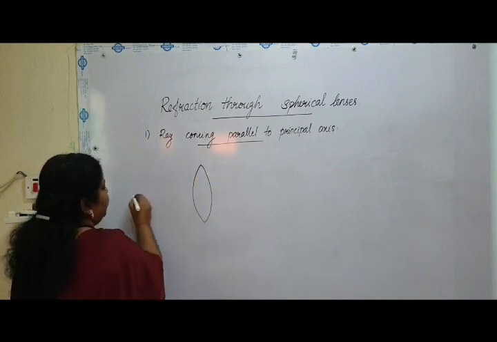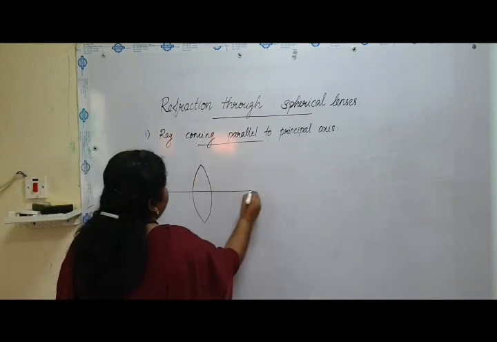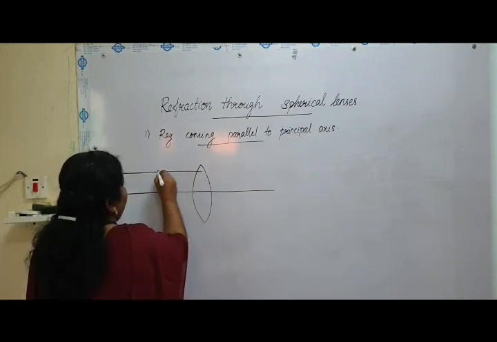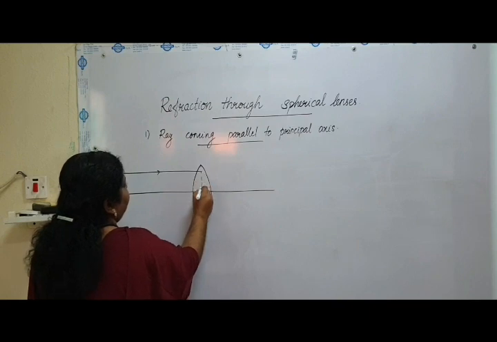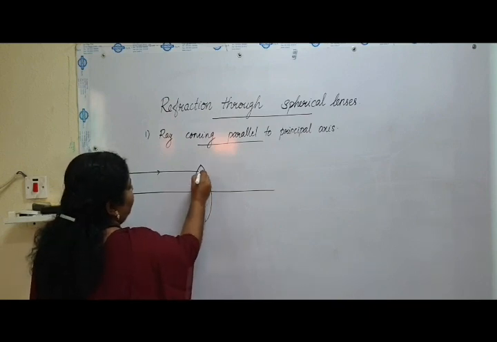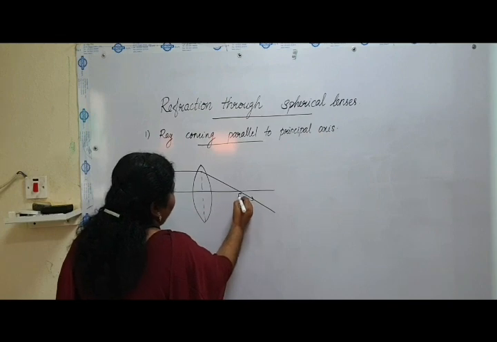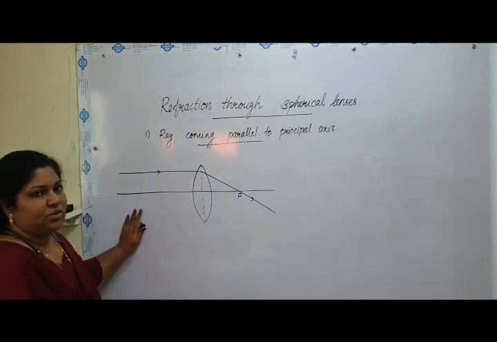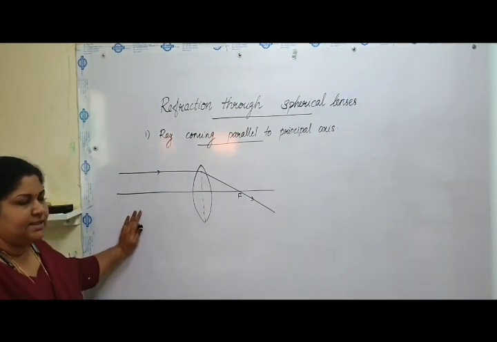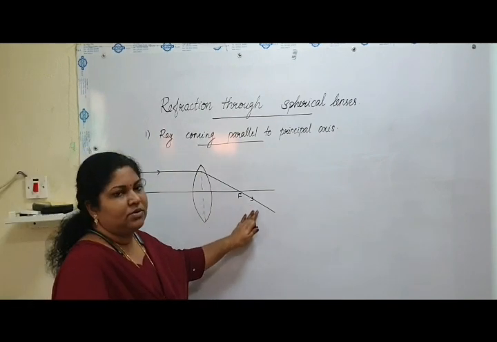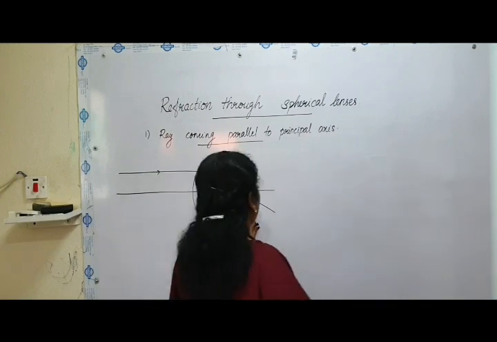This is a lens. This is the principal axis. A ray which is coming parallel will pass through the focus. So this is the case of convex lens, a ray which is coming parallel. After refraction, it will pass through the focus of a convex lens.